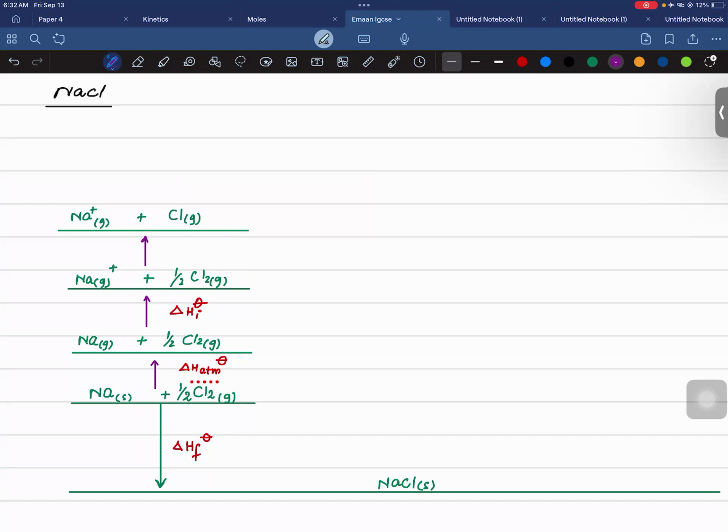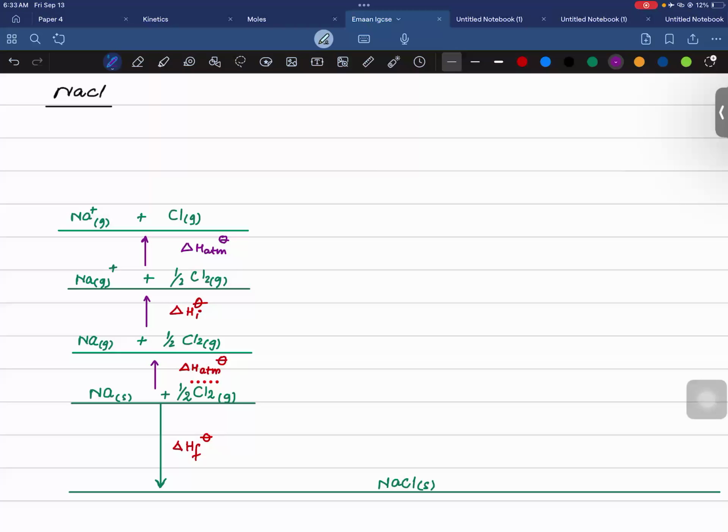Atomization. Exactly. Again, this is atomization, because it is molecule to atom. Why am I making upward arrows? Because the process is endothermic. When the process is exothermic, we write the arrows downward, right?